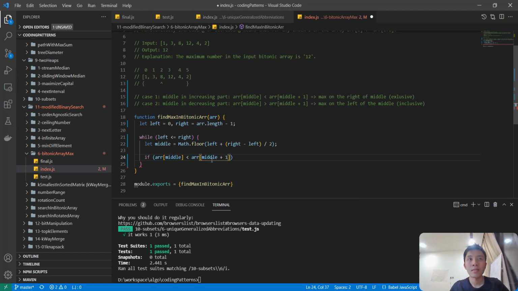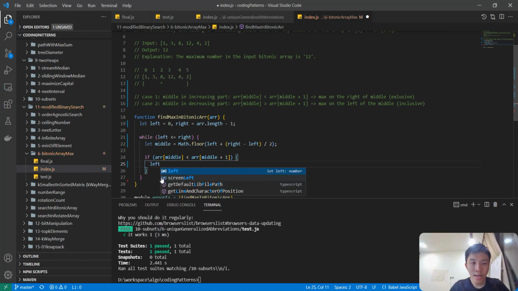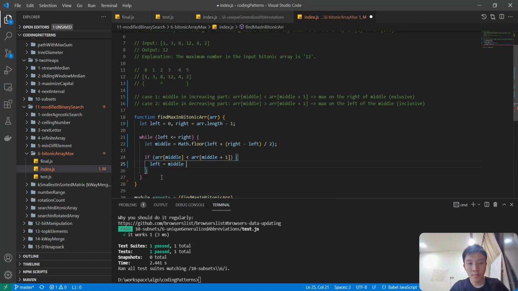If it's less than the number on the right, it means the middle is in the increasing part. So it means the maximum is on the right, exclusively. So I will update the left to be middle plus one, right? Exclusively, so we don't want to take the middle.